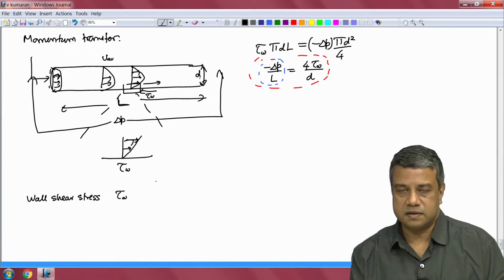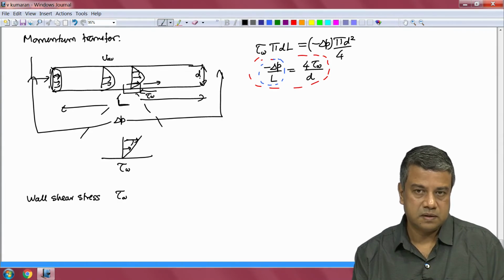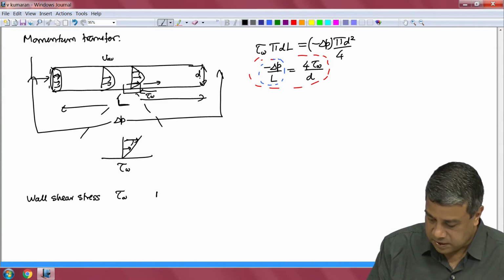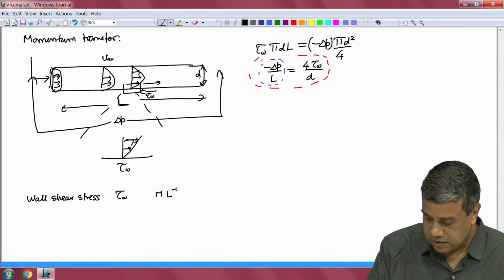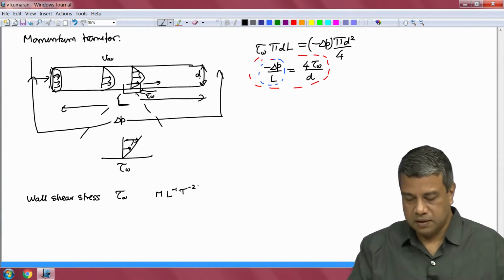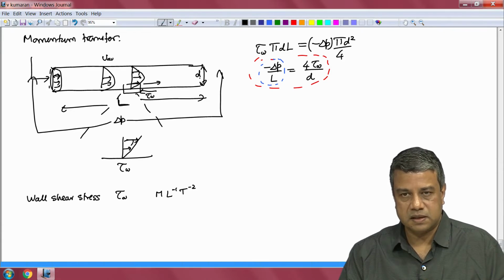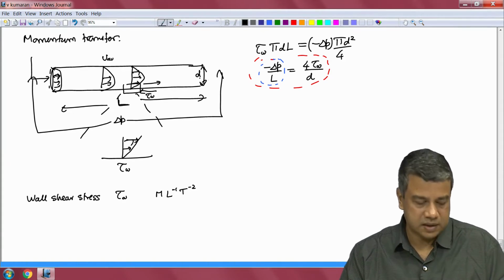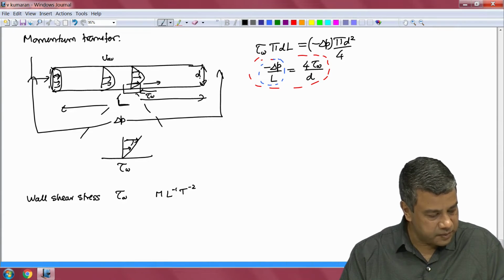It has dimensions of stress, force per unit area, which is mass L inverse t power minus 2. Force is mass times acceleration, m L t power minus 2, and stress is force per unit area. So that is the dependent quantity.